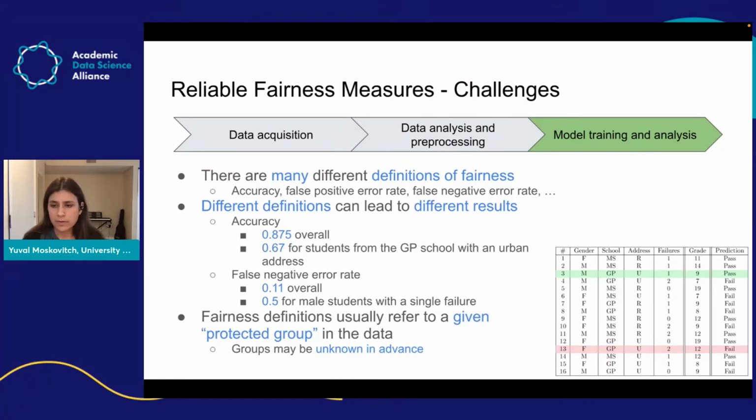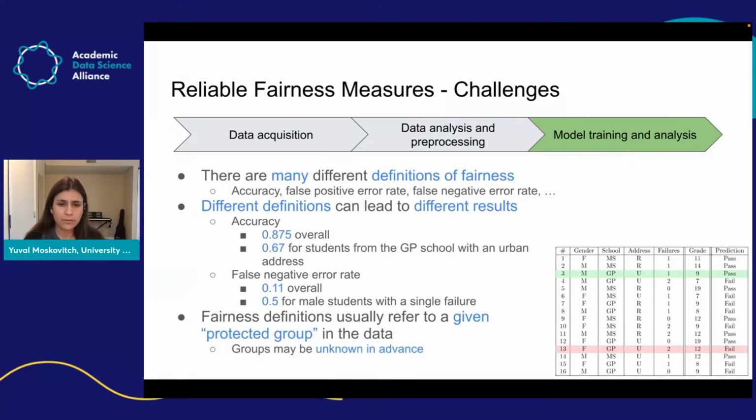So if we continue with the previous example and say we have a model that predicts whether the student passes or fails the exam, where a passing grade is a grade above 10. The results of the prediction are depicted here in the prediction column, and we can see that this model misclassified two tuples. One is a false positive and the other is a false negative. Now, based on the data in this table, we can say that the accuracy of the model is 0.875.